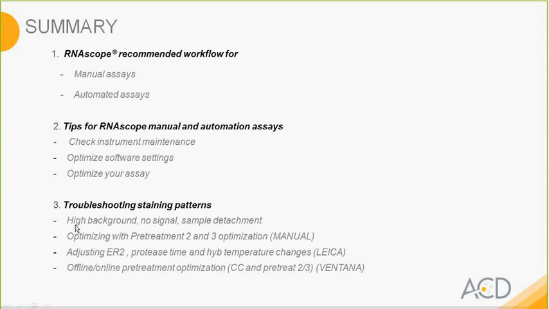We have looked at high background staining patterns, conditions where you see no signal, and situations where you're observing sample detachment. We've discussed how to optimize your assay using pretreatment 2 and 3 for manual assays, adjusting ER2 or temperature with the Leica systems, and performing offline pretreatment optimizations.